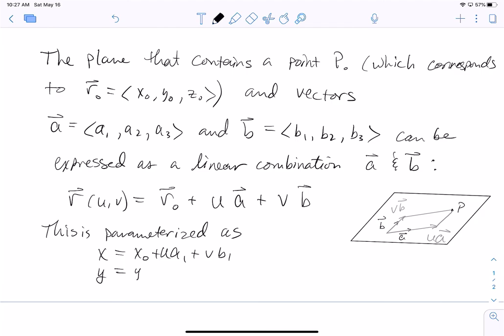Likewise, y is y naught plus ua2 plus vb2, and z is z naught plus ua3 plus vb3. You'll note a parallel between the parametric equations of a line, which have only one input variable, and now here the parametric equations of a plane, which have two input variables, u and v.